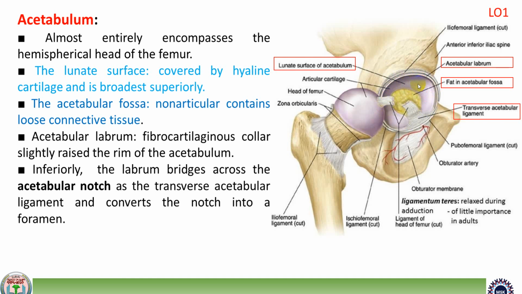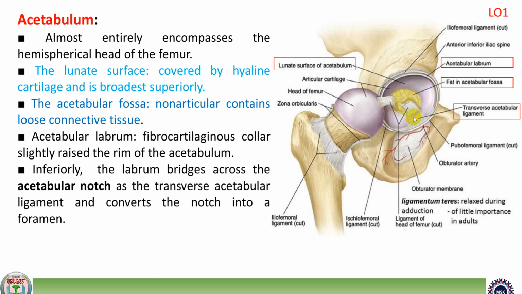The acetabulum also has a non-articular fossa called the acetabular fossa, which contains fat or loose connective tissue. And on the edge of the acetabulum there is a fibrocartilaginous collar that slightly increases the depth of the acetabulum, called the acetabular labrum.